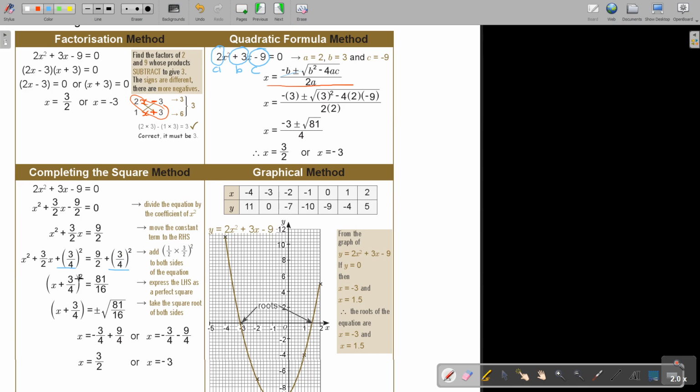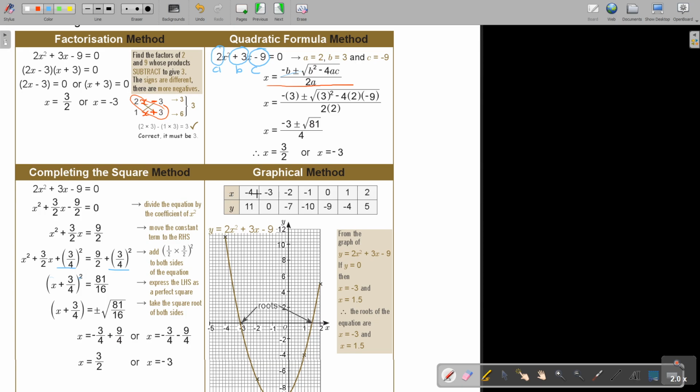I said square root earlier, and that was not correct. I take the square root to get this and the square root to get this. But now, to get that square away, I take the square root. And then, don't forget your plus minus. Then I bring that term over and simplify, and I get the same answer. Again, go back to ordinary level if you still struggle with this.